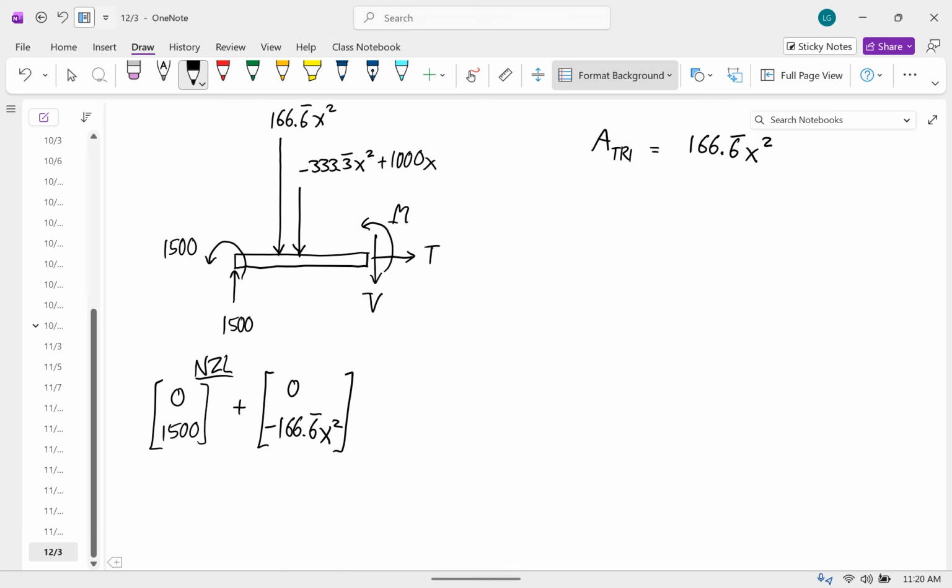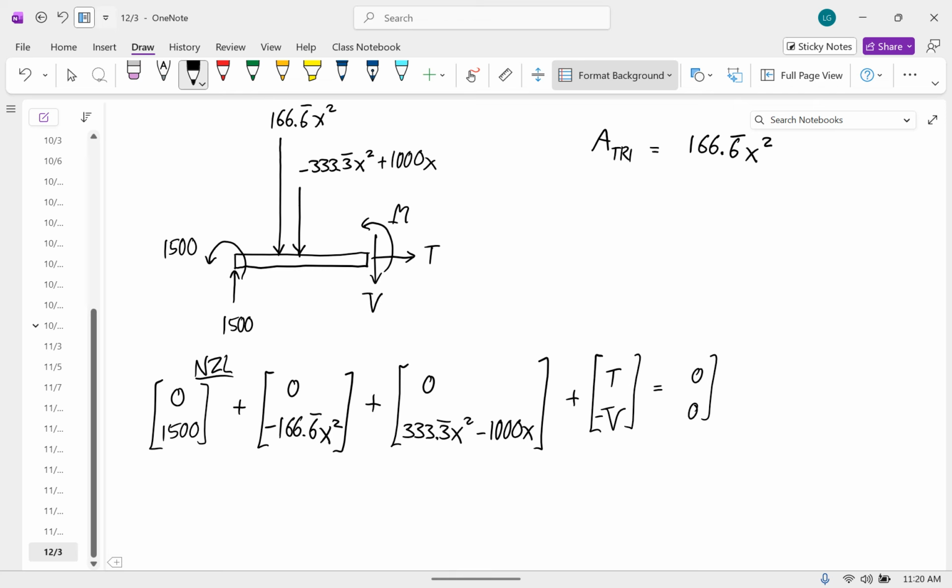Same thing with the next one. That's a unit vector of 0, negative 1 times this function. So that's 0, positive, we're multiplying 0, negative 1 times this function. So you get positive 333.3 repeating x squared minus 1000x plus T, negative V is equal to zeros.